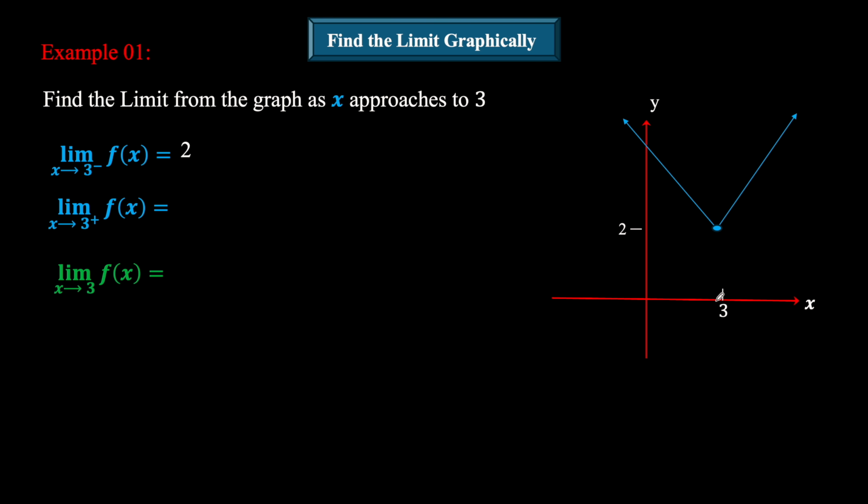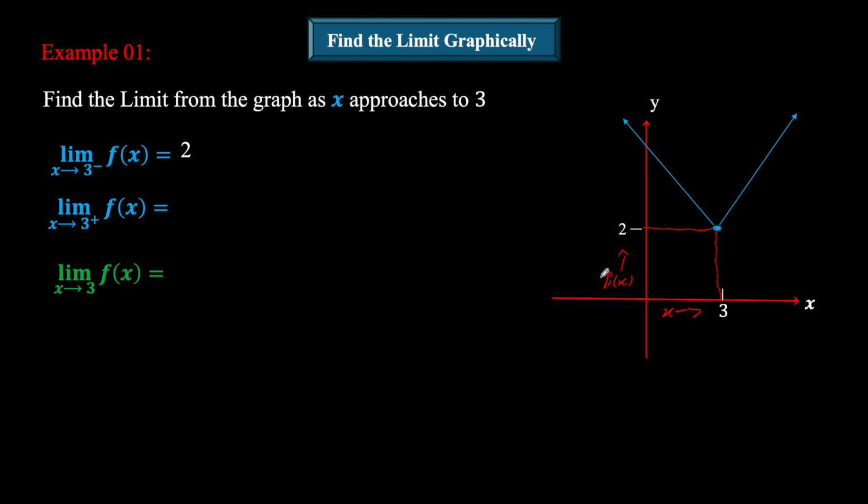Why? Because if we go upward, we see that f of x is approaching 2. So x is approaching number 3, f of x is approaching 2. Okay, this is from the left side. That's why it is 2 here.